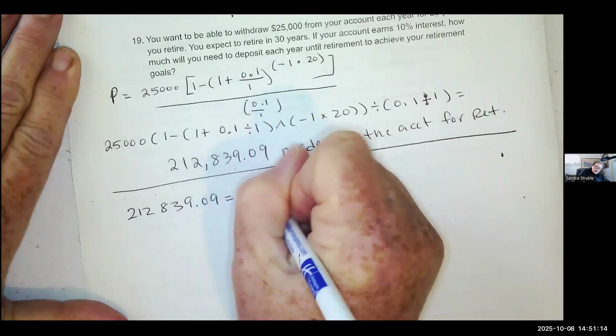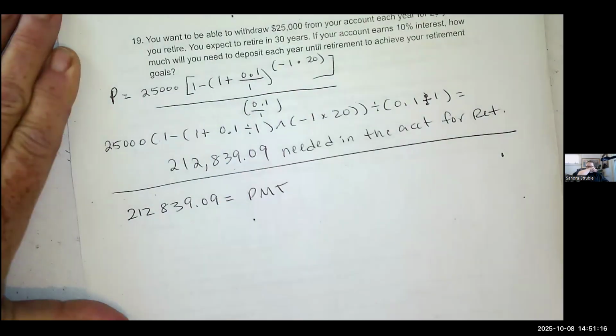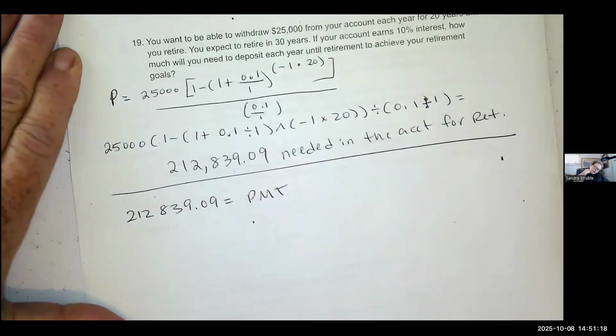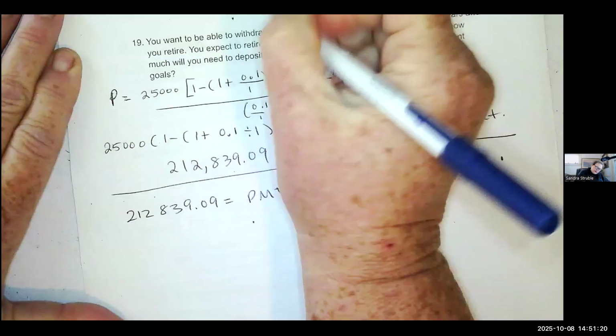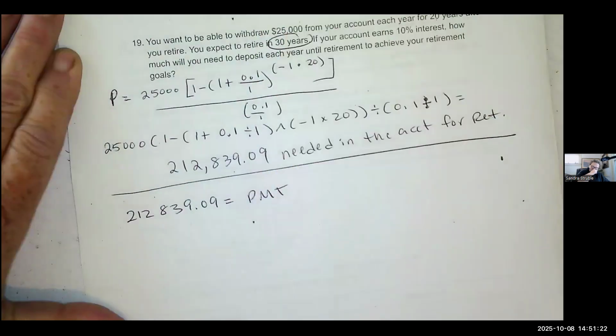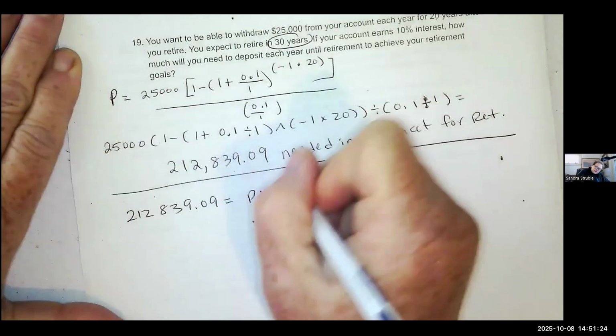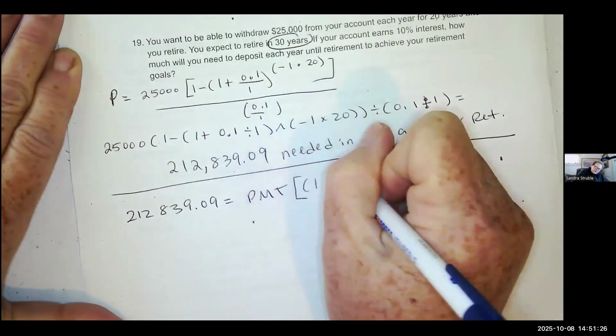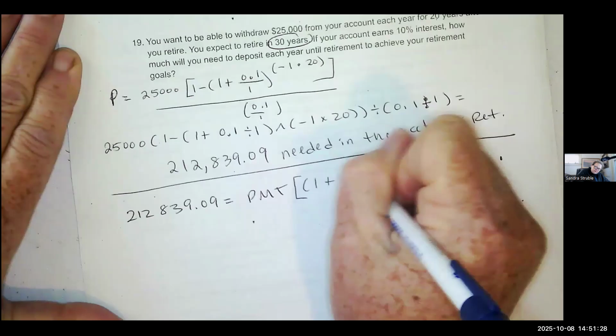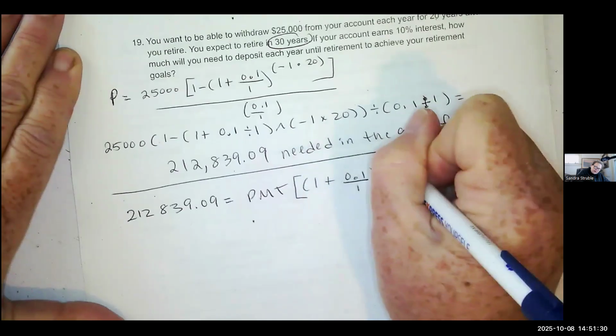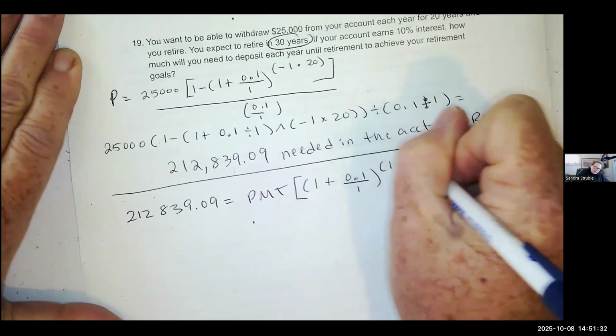And we're looking for how much we need to deposit in the annuity formula per year for 30 years. All right. 10% per year. And it's going to be 1 times 30 years.